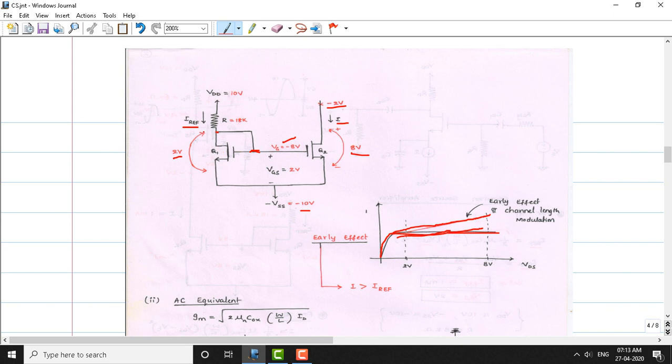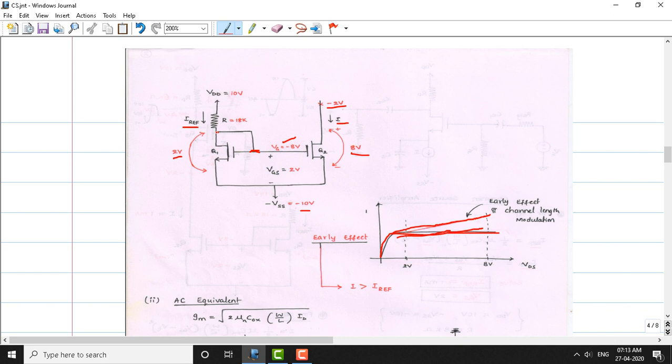As we can see here, there is 2 volts here because of some resistance between the drain and source, and there exist 8 volts here because of a resistance between the drain and source. This difference in drain source voltage creates a different current in I as well as I reference. So let us see here.